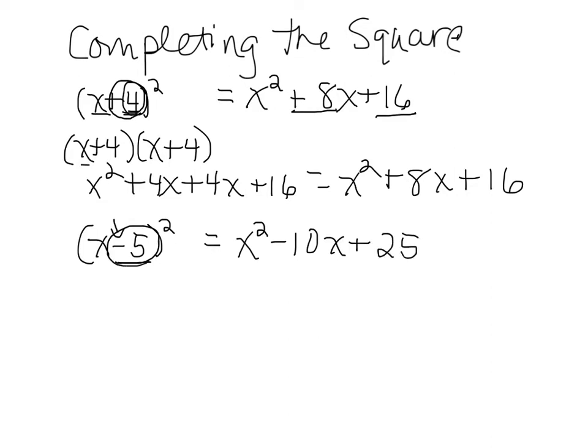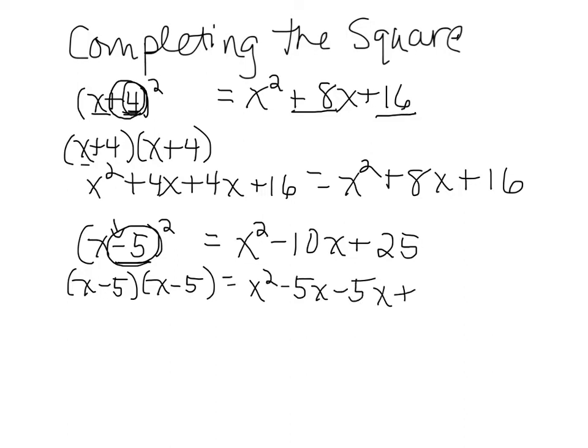And just to double check, we can say this is x minus 5 times x minus 5, which is x squared minus 5x minus 5x plus 25. See, there will always be two of these. That's why the 10 is twice the 5. And then this is 5 squared.